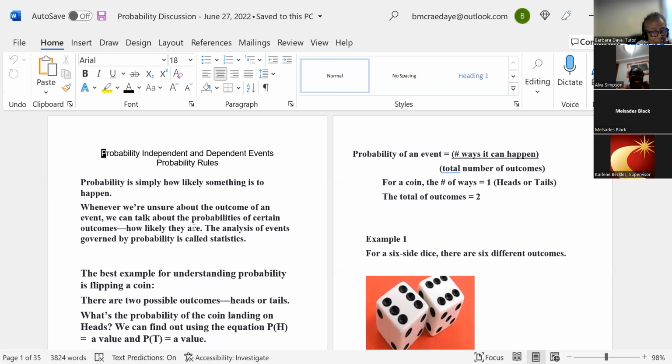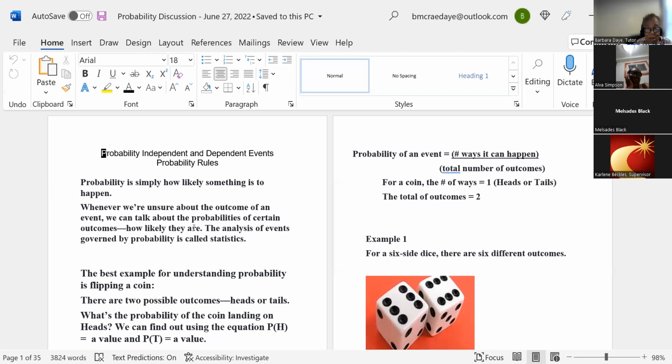But to really understand probability, one of the best examples is flipping a coin. What are the possible things that can happen when you flip a coin, Alva? It's either heads or tails. There's nothing else you could get.